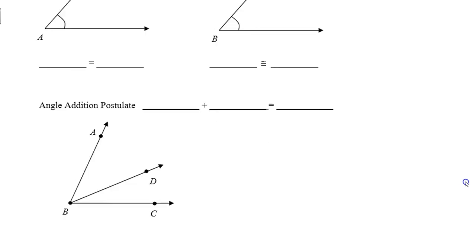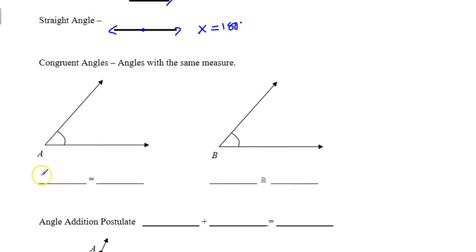Now, congruent angles are angles with the same measure, and just like we talked about with segments, it's the same thing here, except when we do angle measure, we write the little lowercase m. So the measure of angle A equals the measure of angle B. Or if we're going to do congruent, we just use the angle symbol.